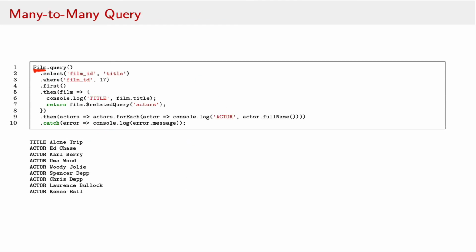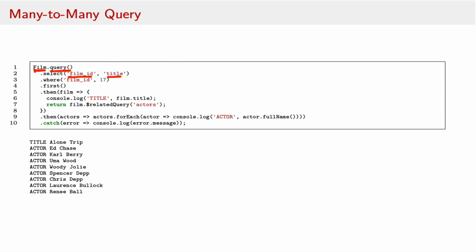So I'm going to grab the films, and I want to get the film ID and the title of those films. So again, the query method just returns a Knex object that's kind of pre-configured in a way to know what it's going to connect to in the database. But you can use almost all the same things you can use with an ordinary Knex query on this object.